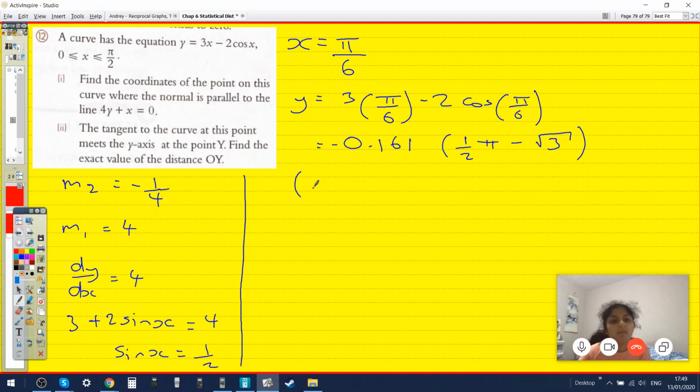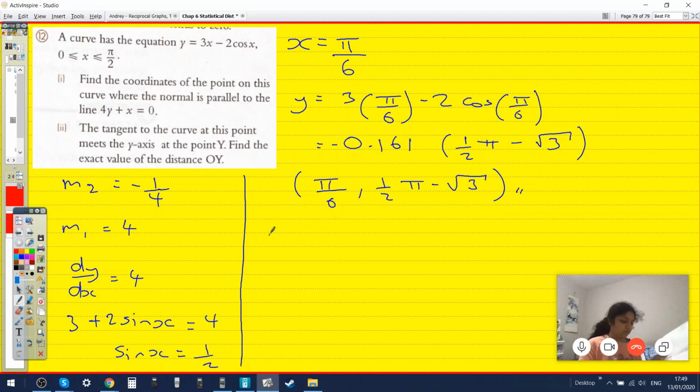And part 2, tangent to the curve. So we already know the gradient of the tangent is 4, and since you know a point, you can find what c is.